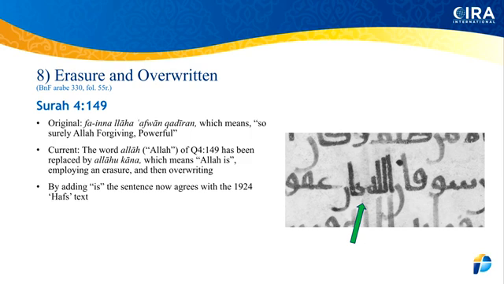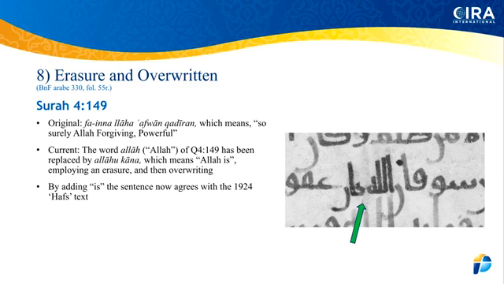You can see there's a problem there. And I think he meant فإن الله غفورا قادرا. Now, currently, the word Allah of 4:149 has been replaced with Allahu Kana, which means Allah is, employing an erasure and then overwriting it. So you can see the erasure underneath. If you look at it, it's very, very indistinct.